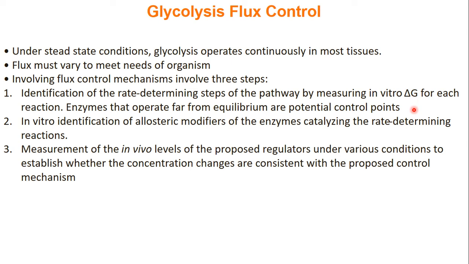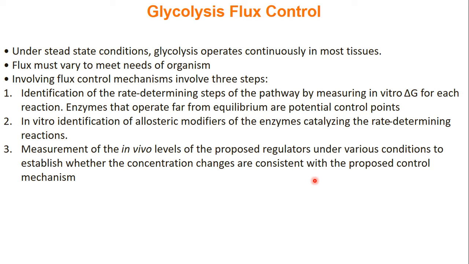The enzymes that are far from equilibrium are going to be your control points. After you've found your control points, determine the allosteric modifiers of those enzymes. And then measure the in vivo levels of the regulators under various conditions to see if the concentrations change, that is, if your flux is changing consistent with your proposed control mechanism.